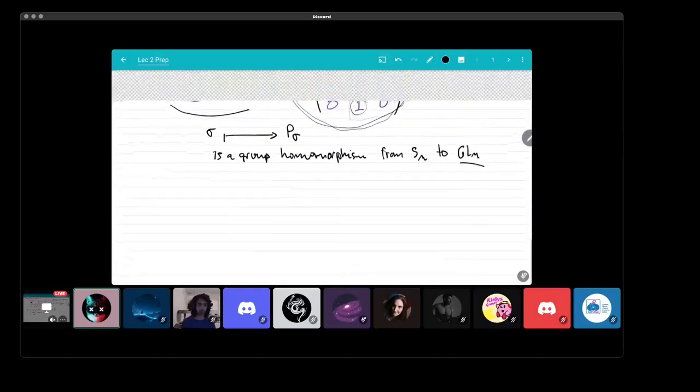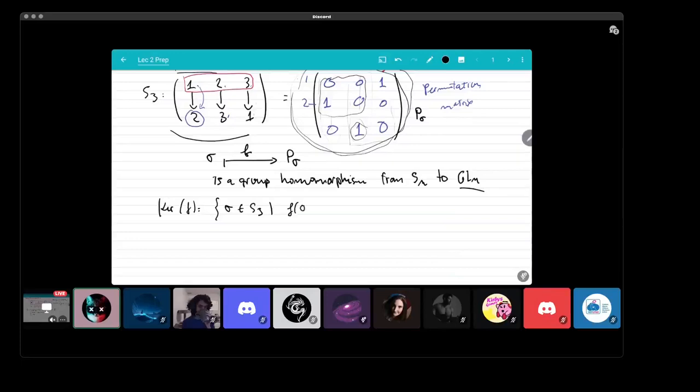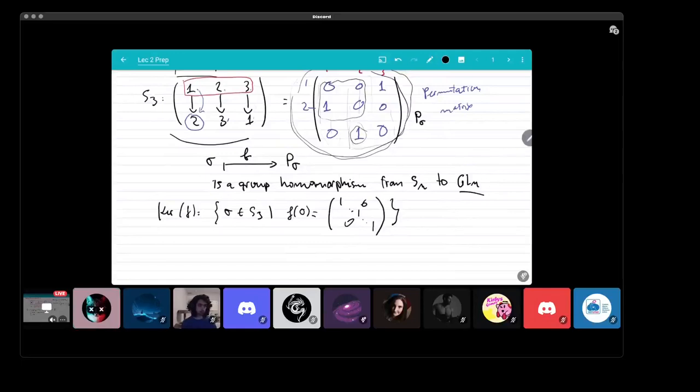The kernel of this f is the set of sigma such that its image is the identity matrix. So what would that be? If we had a permutation that gets sent to this, we can just translate the identity matrix back to a permutation. So an example in S3 again.